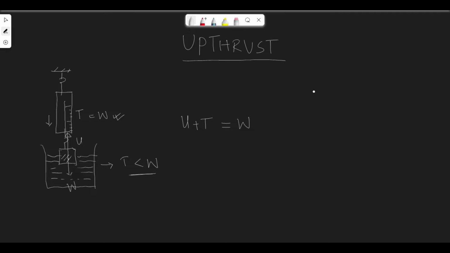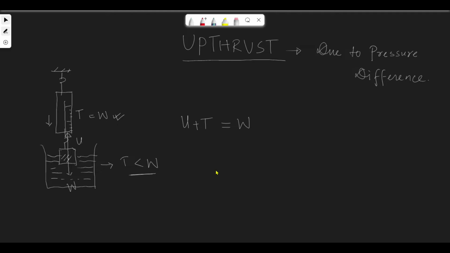It is because of this upthrust, which is now acting on this object due to the pressure difference when it is submerged in this liquid. So upthrust is the upward force that acts due to pressure difference. That is the important thing to remember. It is the pressure difference that causes the upthrust to act on the object.